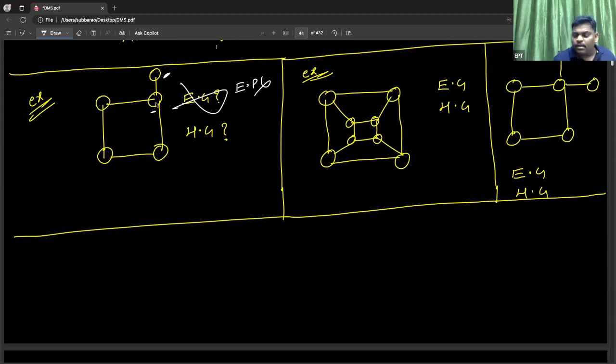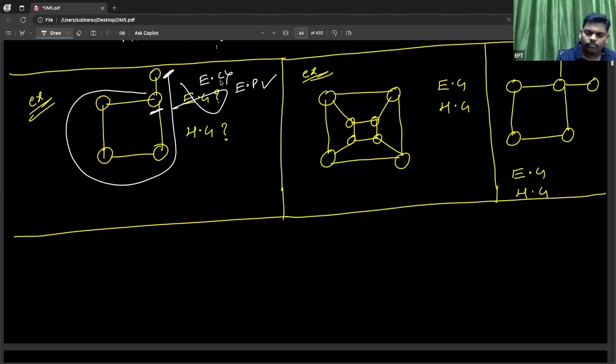Let's check. Exactly 2 vertices with odd degree. If you start with one odd degree vertex, you will end up at the other odd degree vertex. Euler path possible because exactly two vertices have odd degree. But Euler circuit is not possible. So given graph is not an Euler graph.